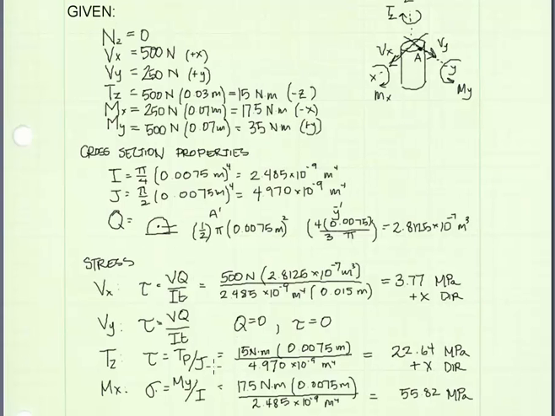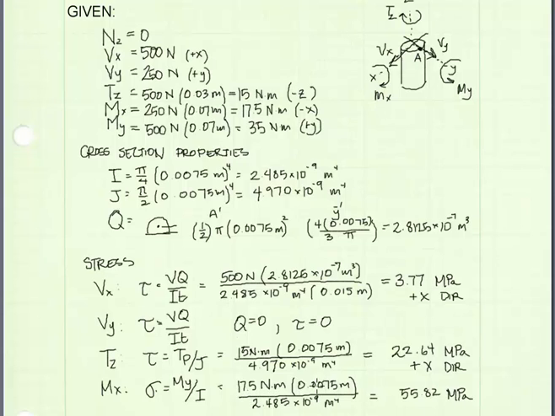Okay, considering the next internal resultant force, that's going to be our moment about the x-axis. We found to be 17.5 Newton meters, going about in the negative x direction. The stress we get from the moment is a bending stress, and it will be given by the equation sigma is equal to My over I, where the moment is 17.5 Newton meters.